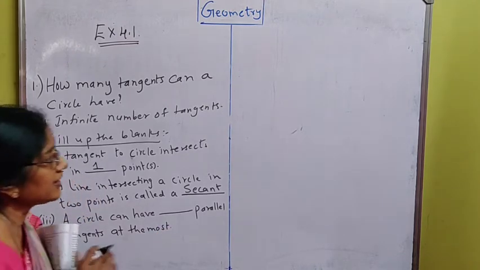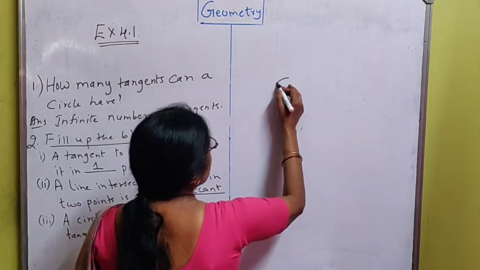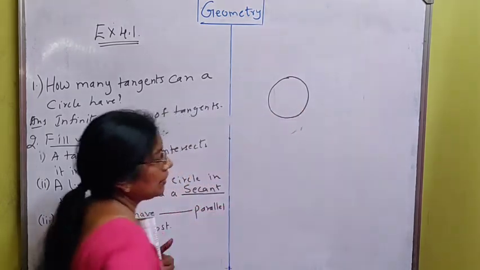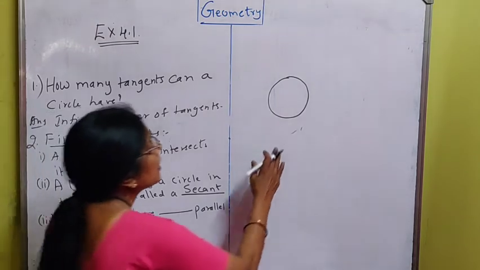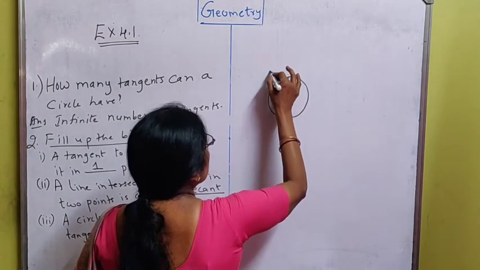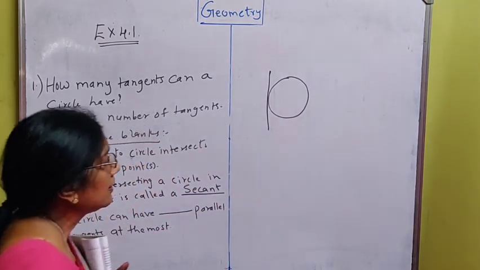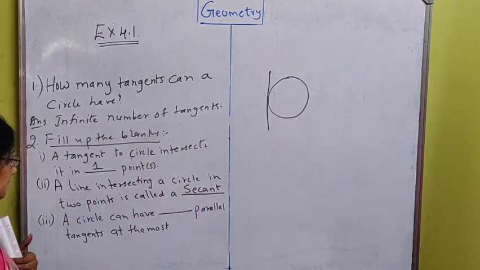What does it mean? Let us see. This is a circle over here. If I draw one tangent touching this circle, I want a parallel one.